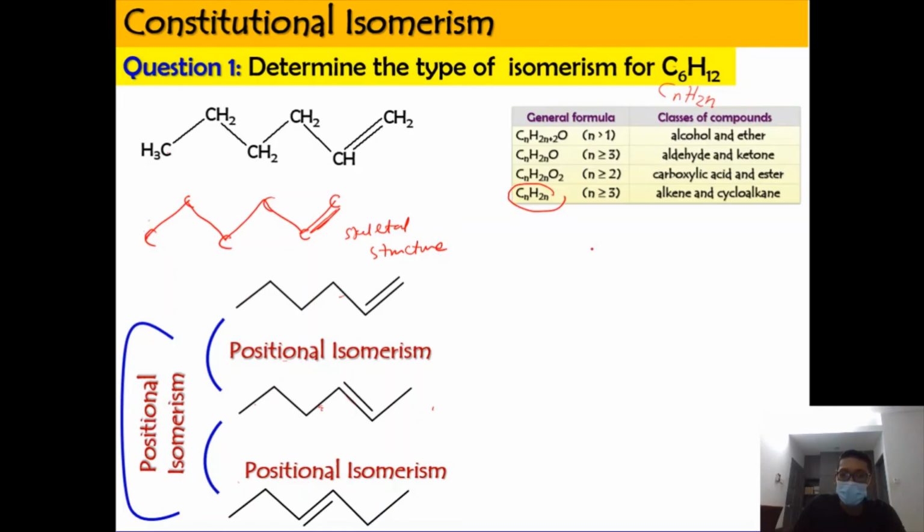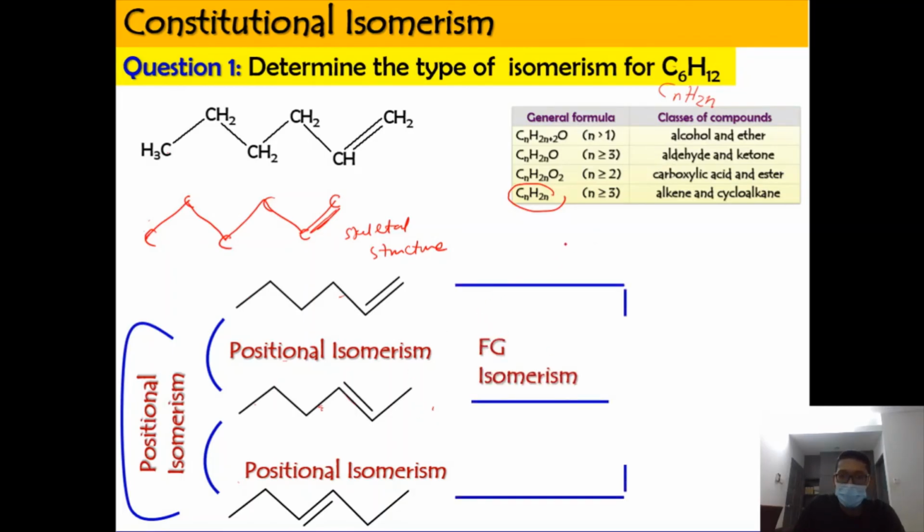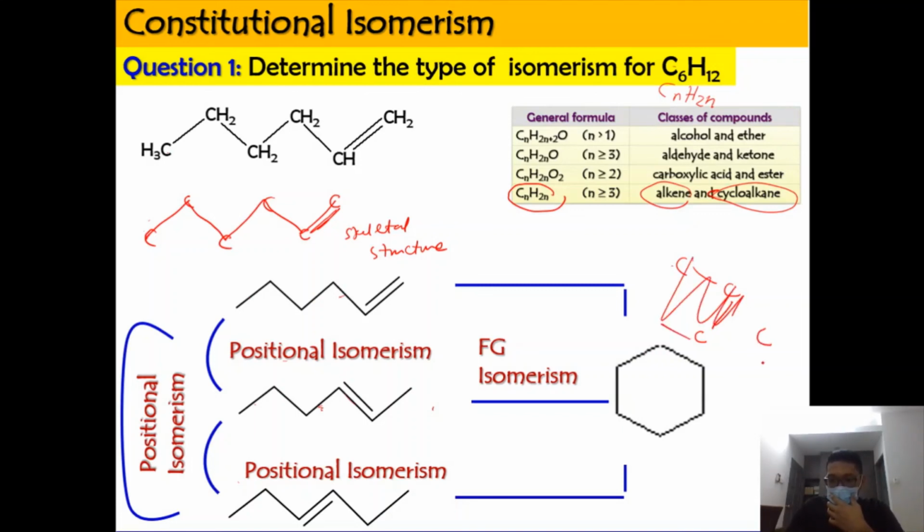Or I can make a functional group isomer because I know that an alkene can convert to a cycloalkane. It has 6 carbons, right? So I'm going to produce a 6 carbon cyclic compound: 1, 2, 3, 4, 5, 6.